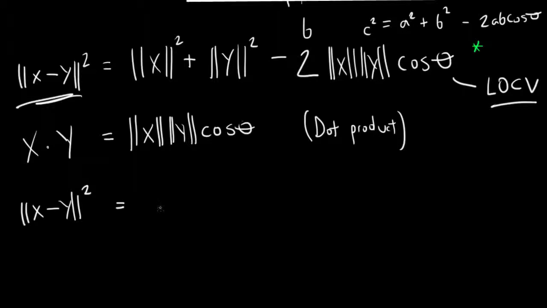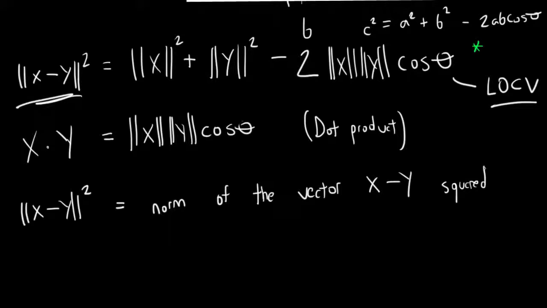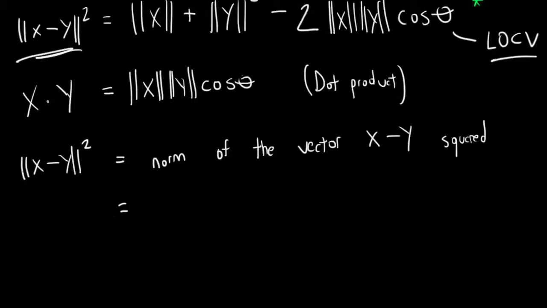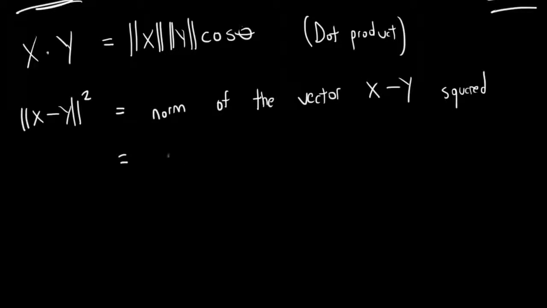By definition, writing this in words, it's the norm of the vector that is formed when you subtract y from x, squared. If we want to go all the way back to old school style, we break this up in the way that we know. This is x minus y multiplied by x minus y. It's the square of the norm.